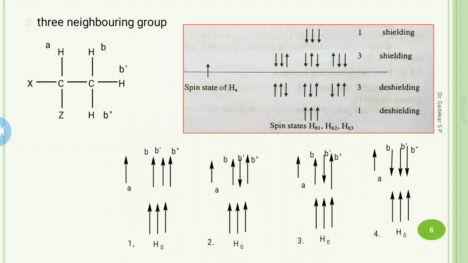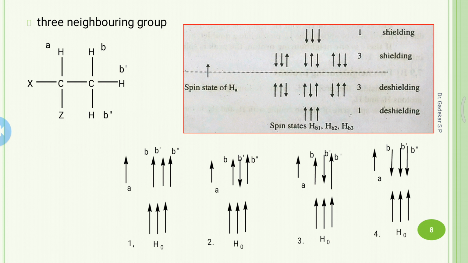Fourth pattern, A aligns parallel with the applied magnetic field H0, while B, B dash and B double dash are all anti-parallel.